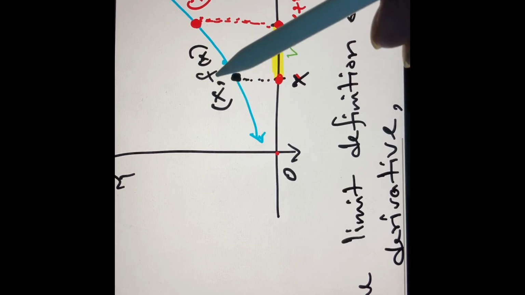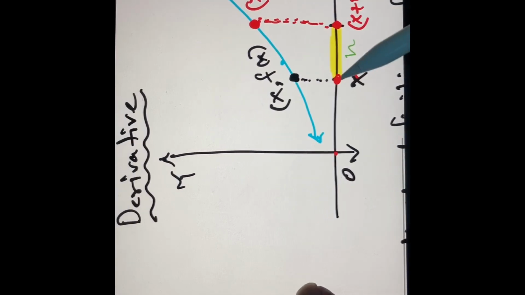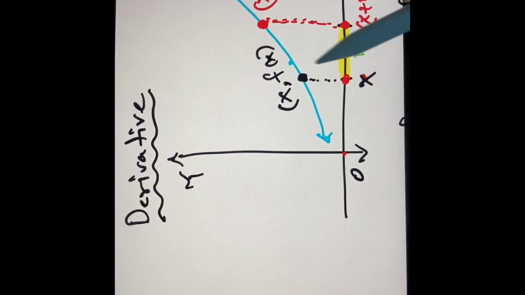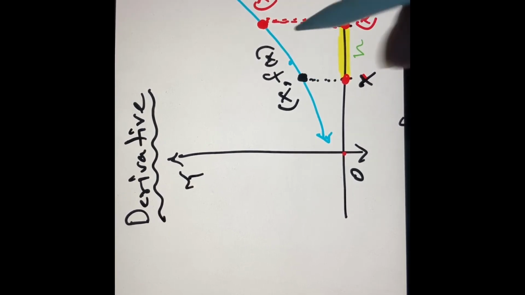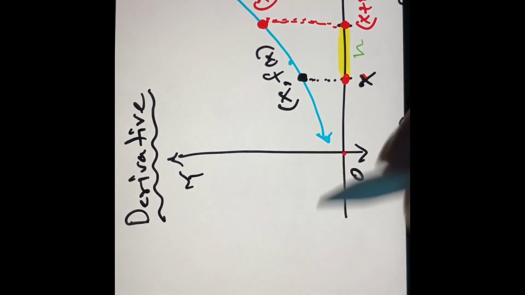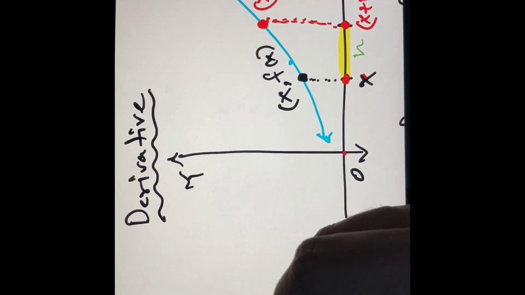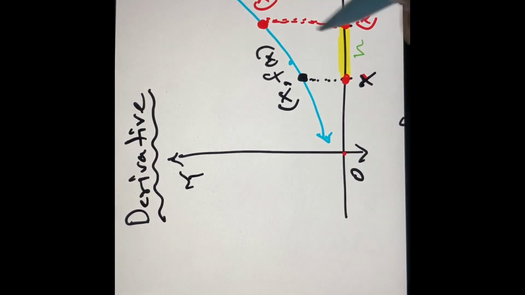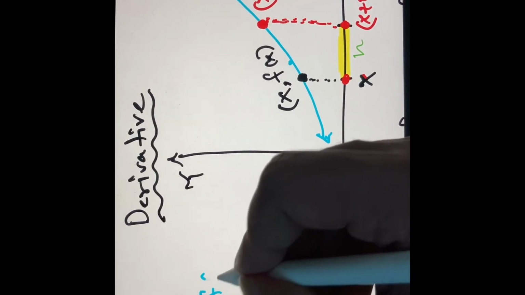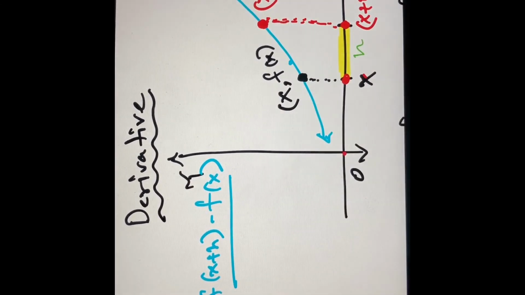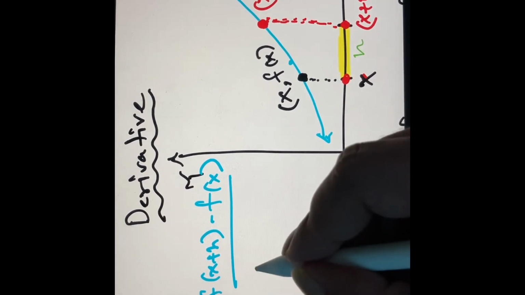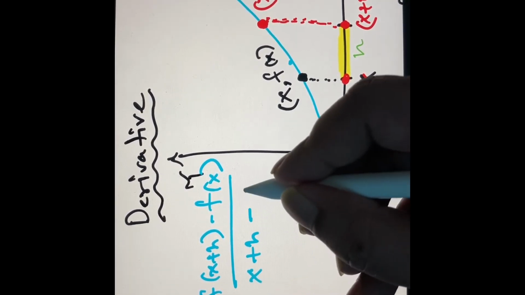Take a look here. You have 2 points, right? If you have 2 points, you can actually find out the slope, right? So what's going to be the slope? The slope is going to be change of y, f of x plus h minus f of x, over change of x, which is x plus h minus x.